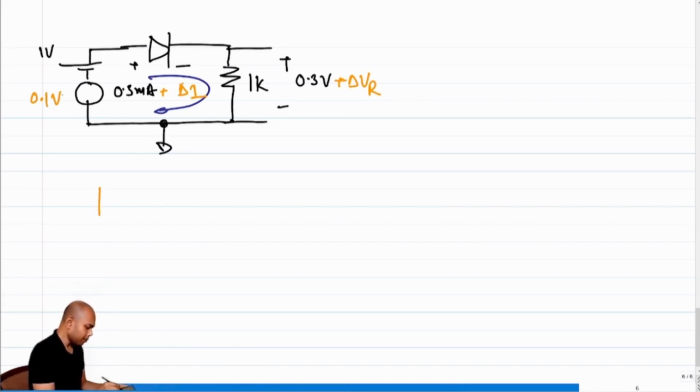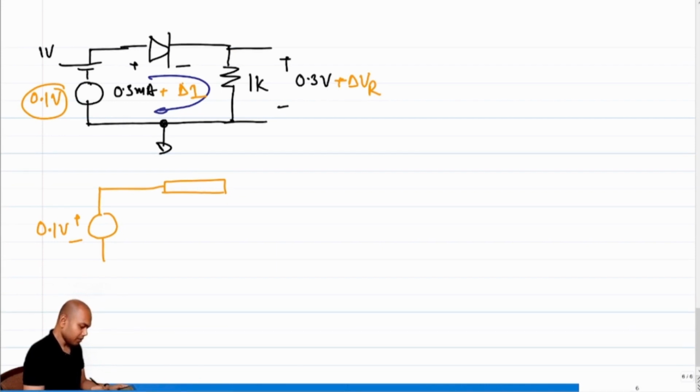What will you do with the incremental input? This is the delta V. This is the incremental input. We have to retain the incremental input, so this remains as 0.1 volt. What will you do with the diode? We have to replace the diode with some linearized version of it, right?